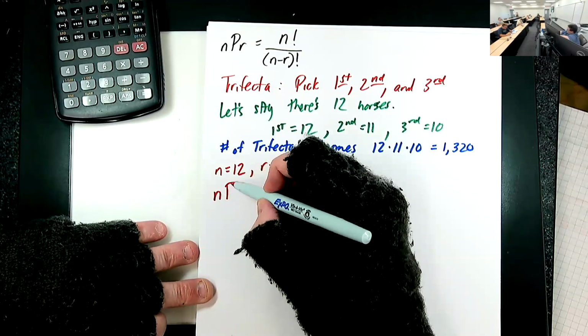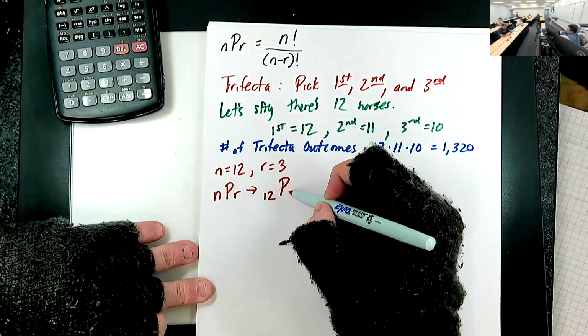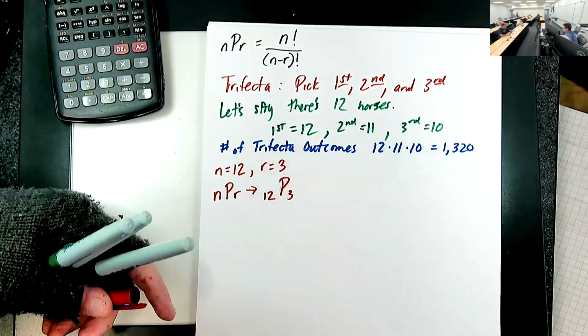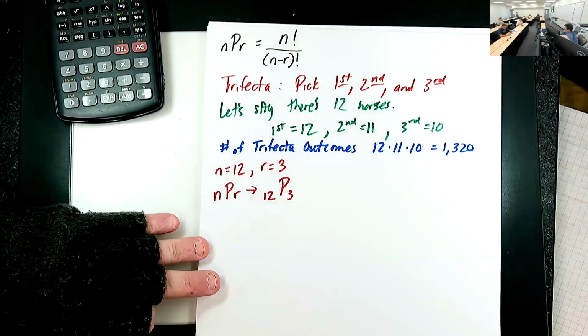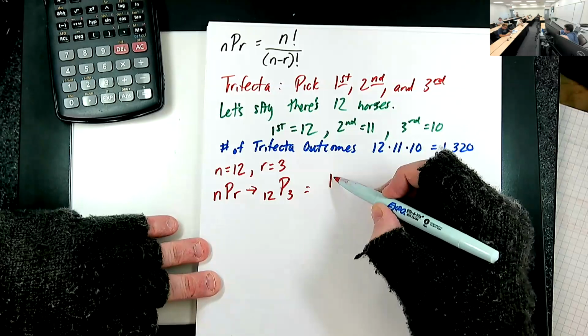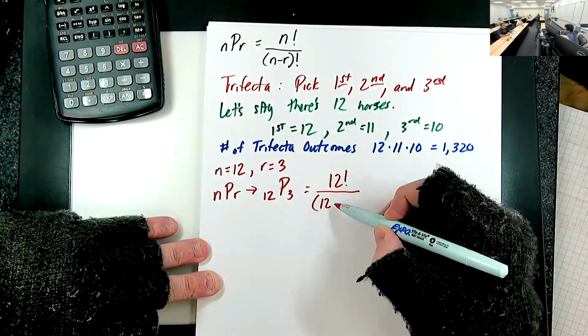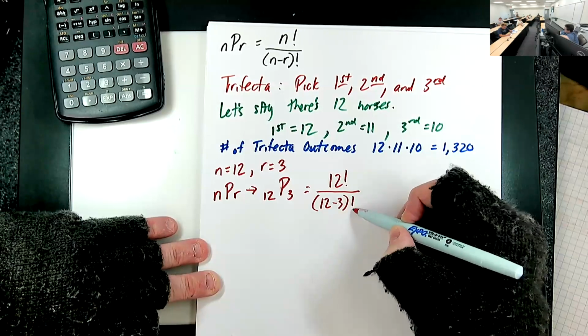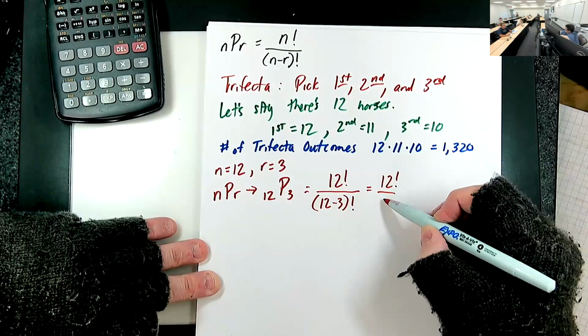So nPr will be written as 12P3. It equals n factorial, which is 12 factorial, over n minus r factorial, 12 minus 3. So I have 12 factorial over 9 factorial.